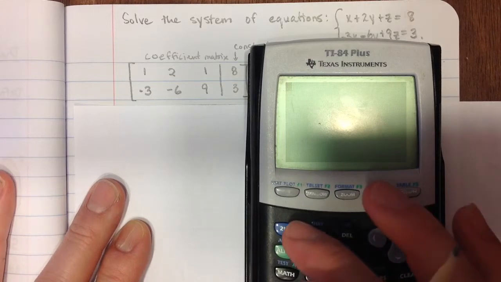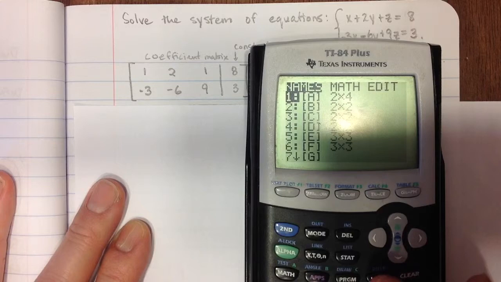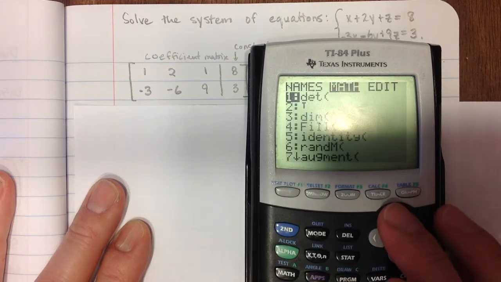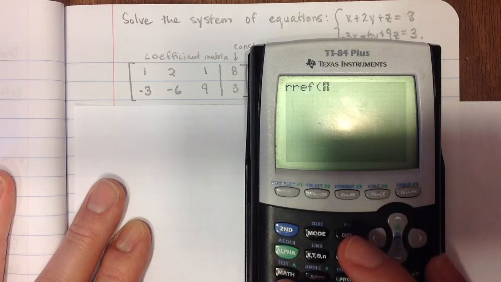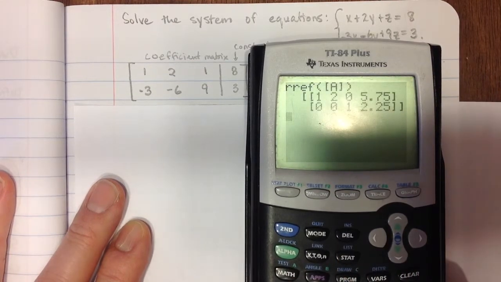I'm going to use a command called RREF. This RREF in matrix does reduced row echelon form. It does Gauss-Jordan elimination. I arrow over to Math and up. I find RREF. I do matrix again and type in A. So the RREF, or reduced row echelon form of A, is given there.